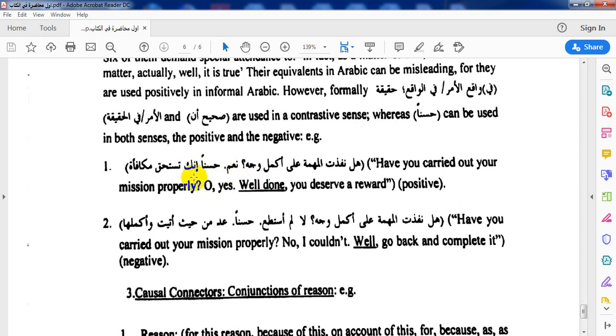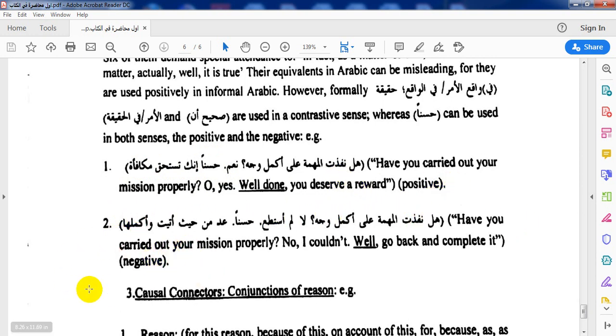Here it is used positively. هل نفذت المهمة على أكمل وجه؟ نعم حسنا إنك تستحق مكافأة. حسنا.